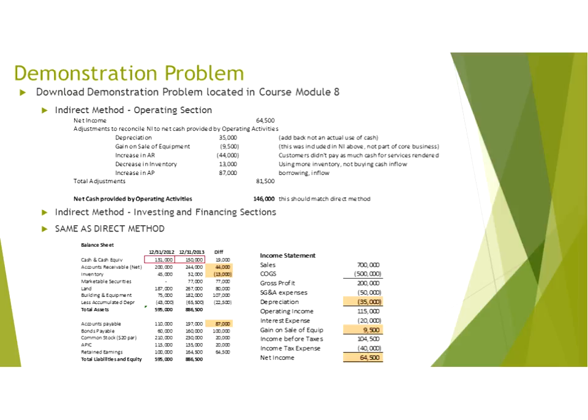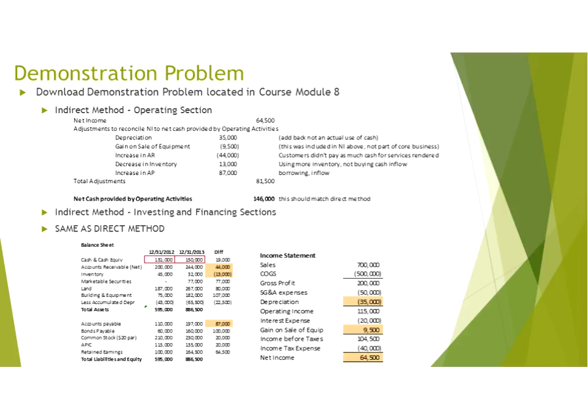Gain on sale of equipment, we're going to subtract that out because that was cash in, which is included in our net income number, but that needs to be part of the investing section. Selling equipment is not part of our core business. Then we need to look at the increase in accounts receivable. In this case, our accounts receivable went from $200,000 to $244,000, or $44,000.